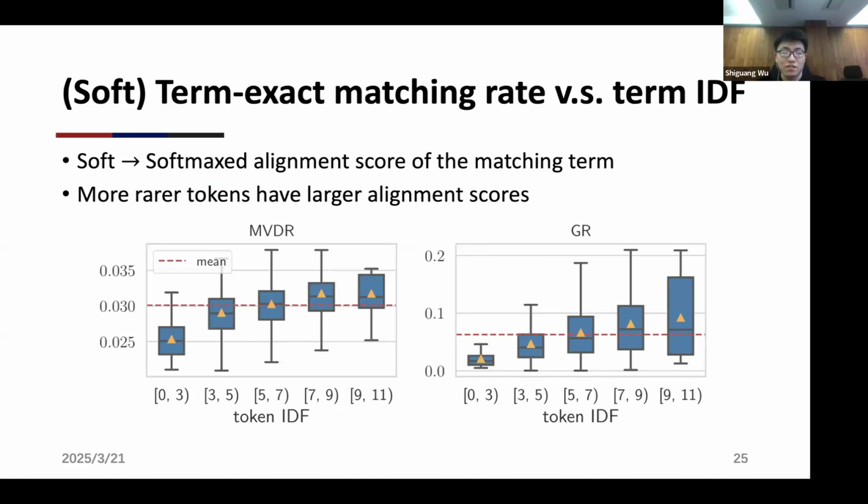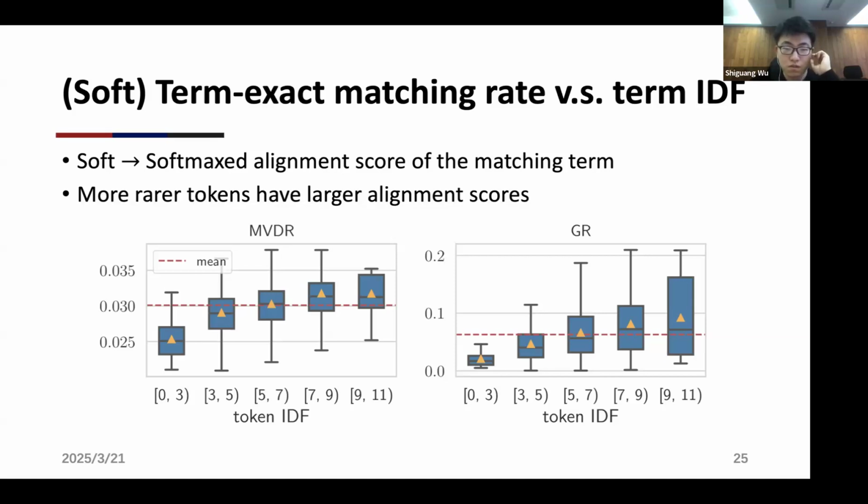There are a lot of experiments in our paper, and this one we think is quite interesting: we actually observe a similarity in how they do the alignment. Here we examine the softmaxed alignment score, which for GR is the attention score, and for MVDR we use the softmaxed score.